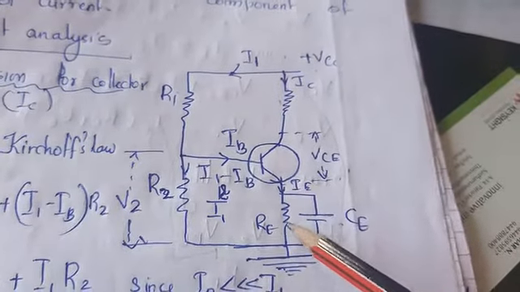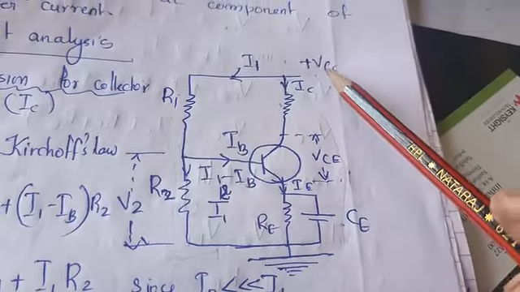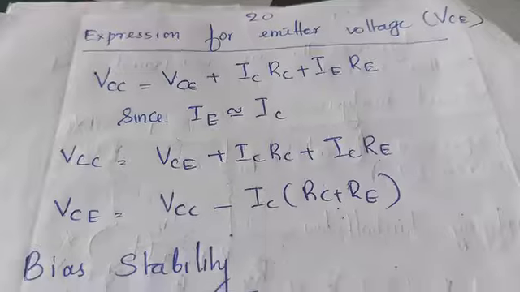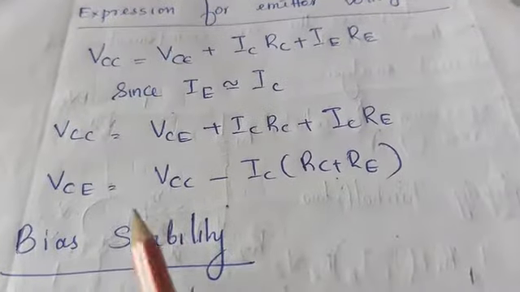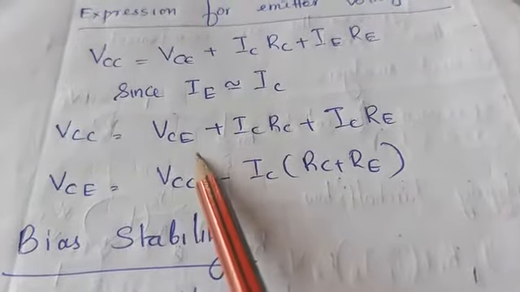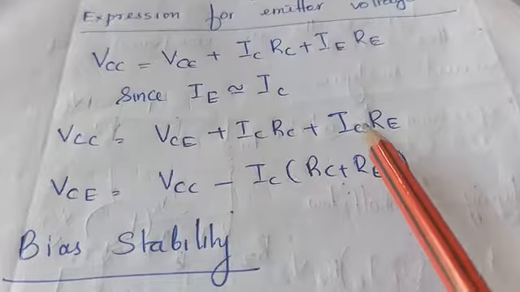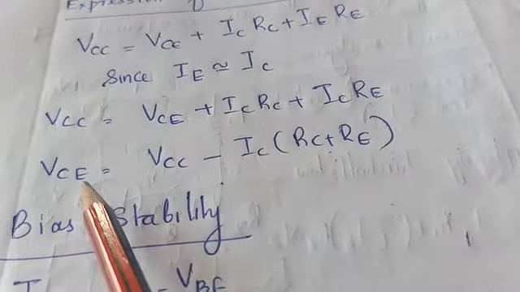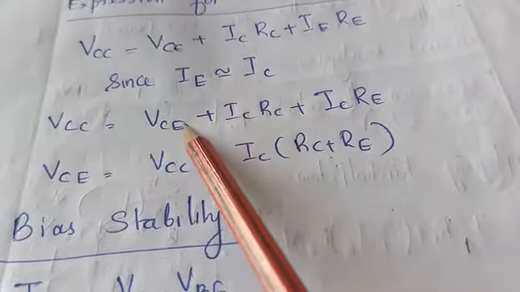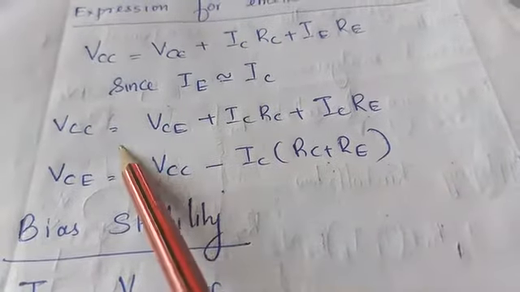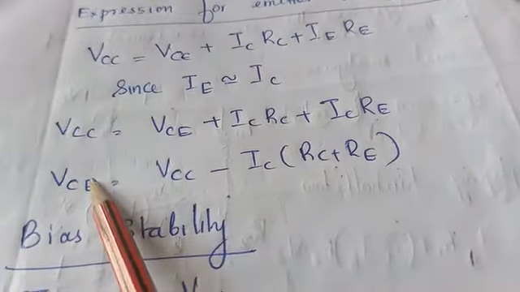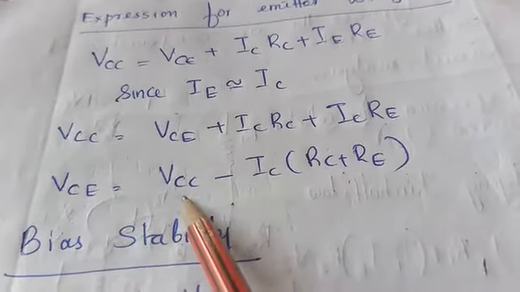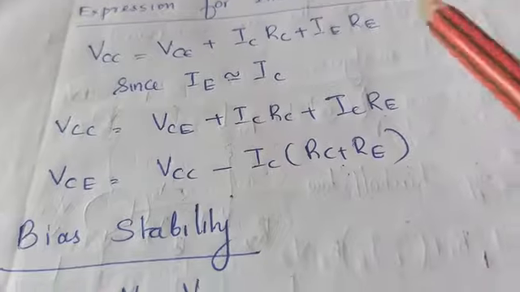Emitter voltage is IE into RE. So total voltage VCC is equal to ICRC plus VCE plus IE into RE. Therefore, VCC is equal to VCE plus ICRC plus IC into RE, because IE is approximately equal to IC. Taking VCE alone, VCE is equal to VCC minus ICRC minus ICRE. Combining, VCE is equal to VCC minus IC into RC plus RE.